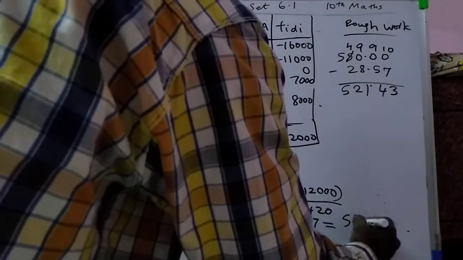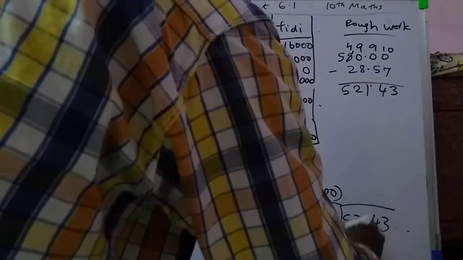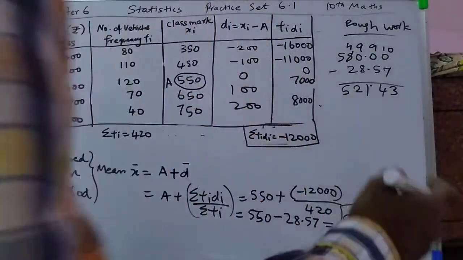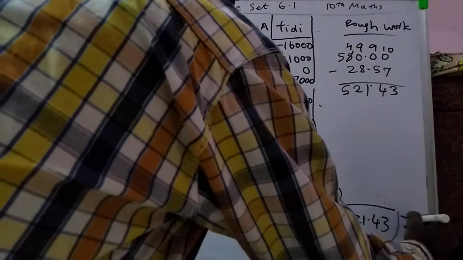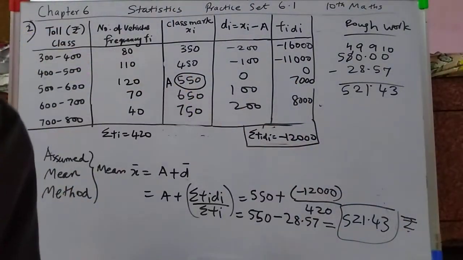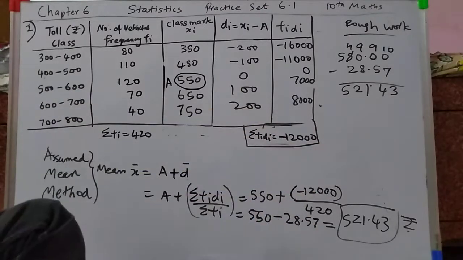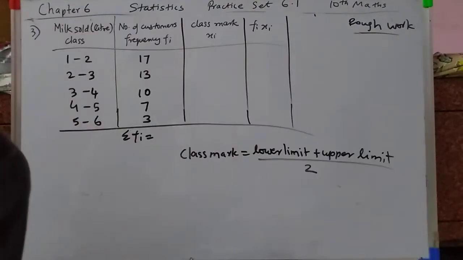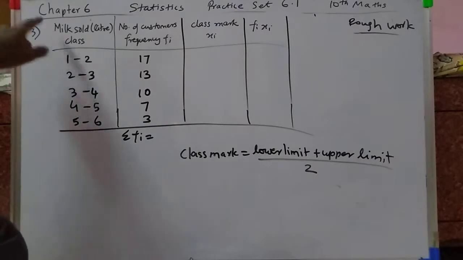That is equal to 550.00 minus 28.57, that is equal to 521.43. So this is the answer. Okay, right. So this is the final answer. Now let's do the next problem. Now I'll do the third problem.